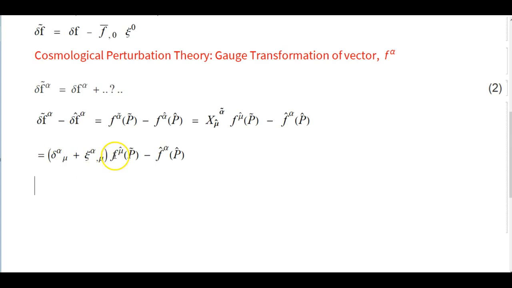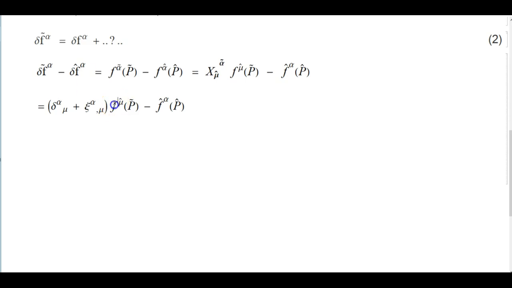All right. So next would be simplification of this. We can write this value of f mu caret p tilde in terms of f mu caret p caret. Same strategy that we used for our previous tensor and scalar problems.